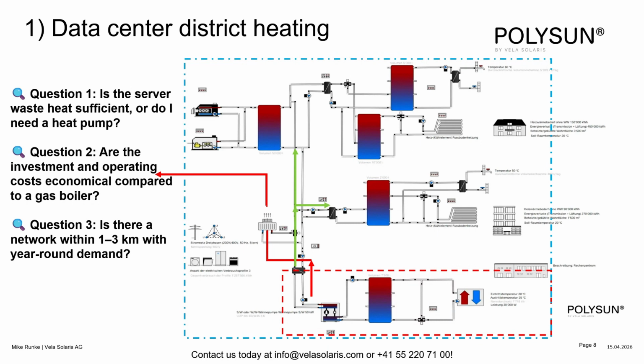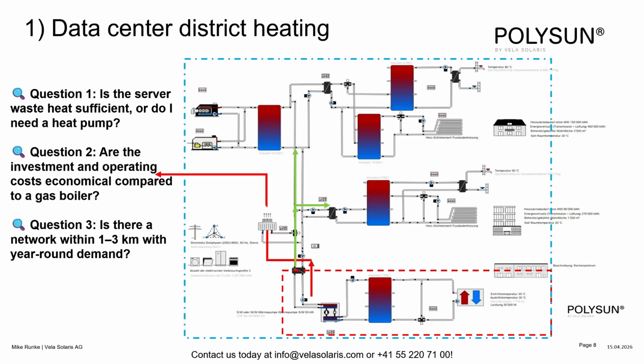So the first and the most common application in many European cities is data center district heating. The heat from the data centers is fed into the urban or regional heat networks via large heat pumps at temperatures of 60 to 75 degrees Celsius. But there's an important engineering detail here.